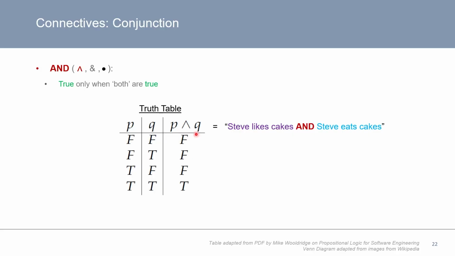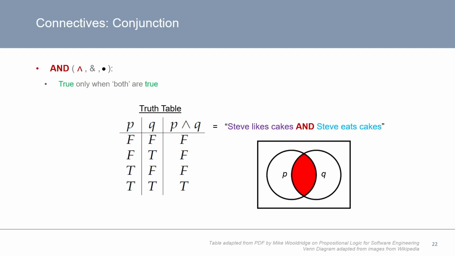Specifically, the only time P and Q is true is when the atomic propositions P and Q are both true. Otherwise, it's false. We can also examine this visually with a Venn diagram. We have two circles that represent P and Q, and the conjunction P and Q represents this middle section in red, used here to describe where truth occurs.